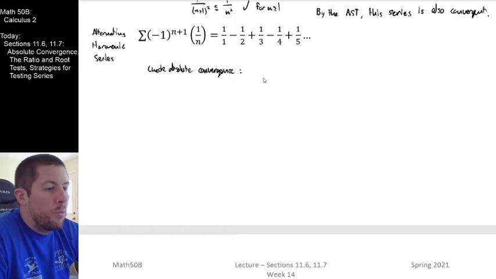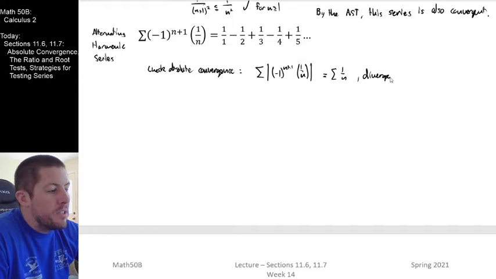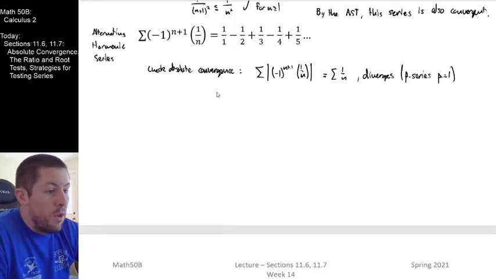In this case, we would check out the sum of the absolute values of the terms. That would just give us the harmonic series, 1 over n for our terms. And I know that this diverges because it's a p-series with p equals 1. And so therefore, the series is not absolutely convergent.